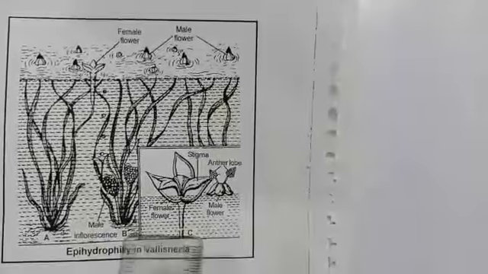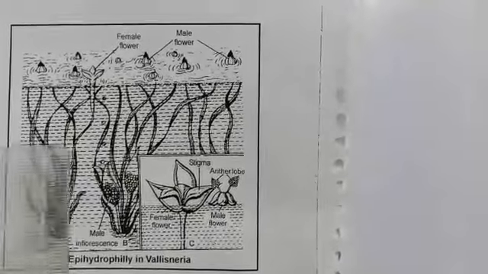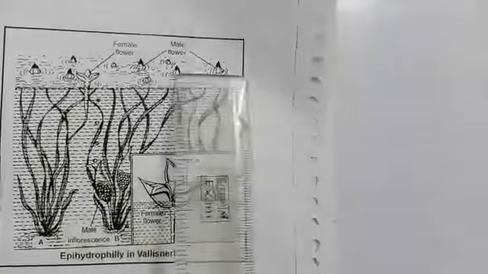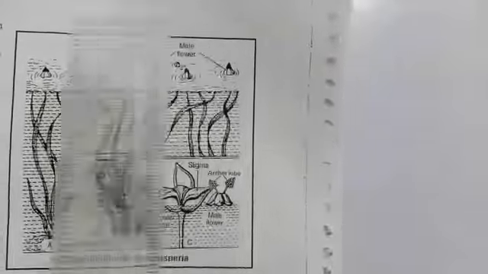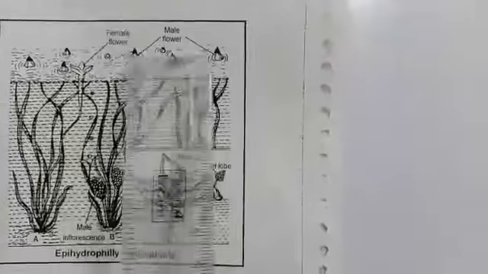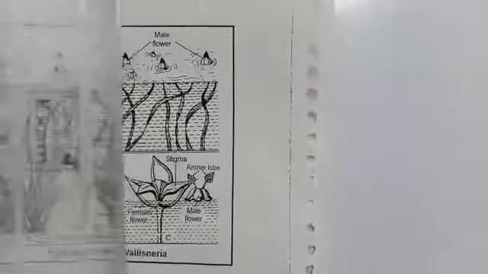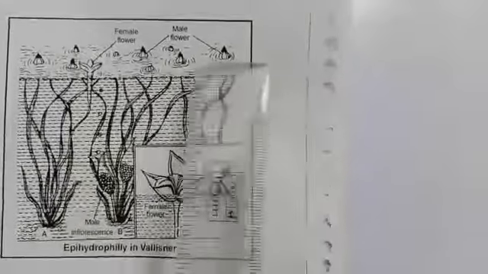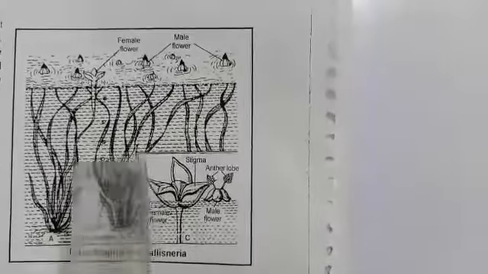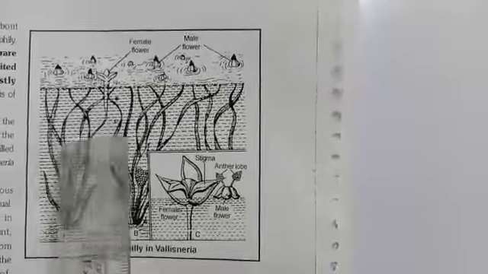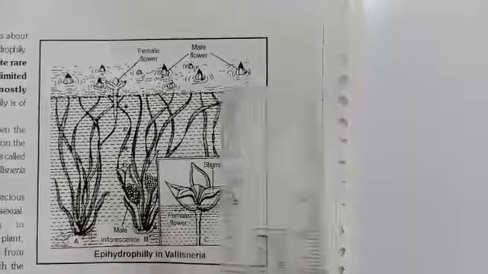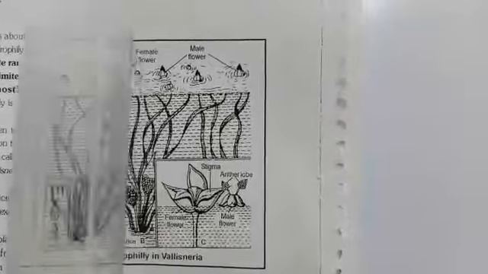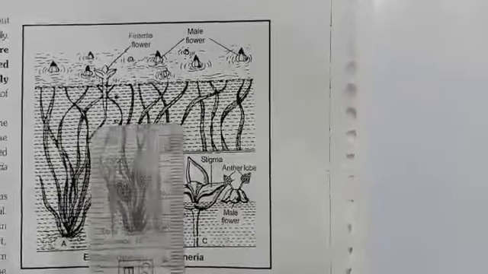First one is epihydrophily. You see this figure? Pollination that takes place on the surface of water is called epihydrophily. Example, Vallisneria. Vallisneria is a dioecious plant, and the flowers are unisexual.